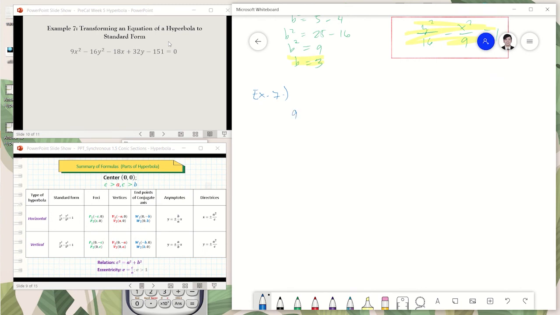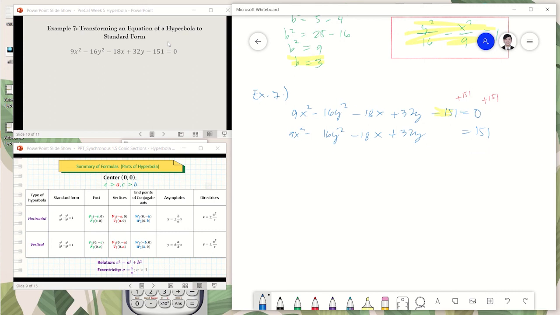So if you have 9x squared minus 16y squared minus 18x plus 32y minus 151 is equal to 0, first thing, you have to get rid of this part because it's just a constant, no variable with it. So in your mind, you have to add 151 on the left to make it 0, and you do the same thing on the right. So you will have 9x squared minus 16y squared minus 18x plus 32y is equal to 151.